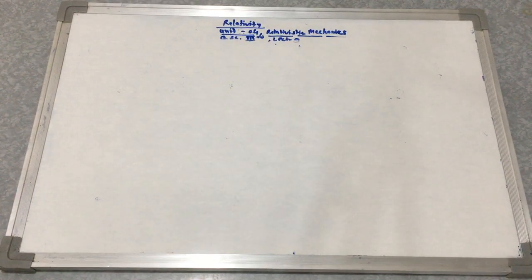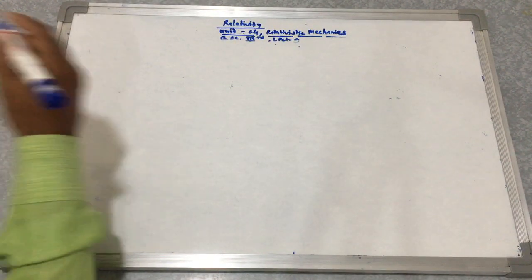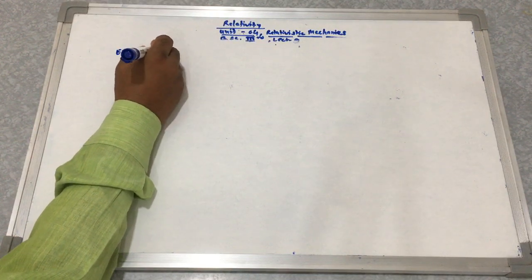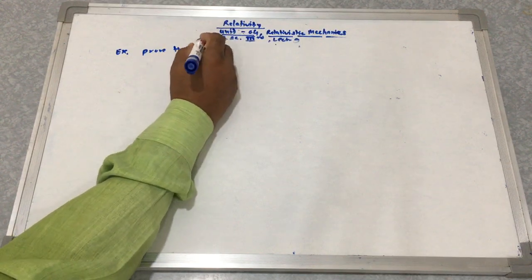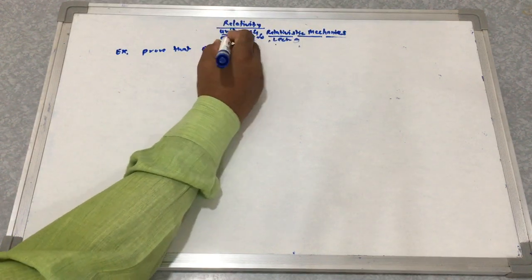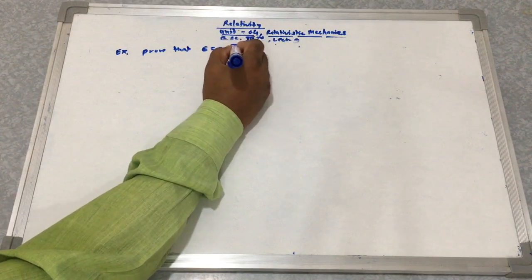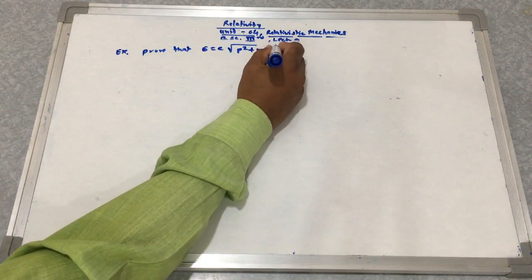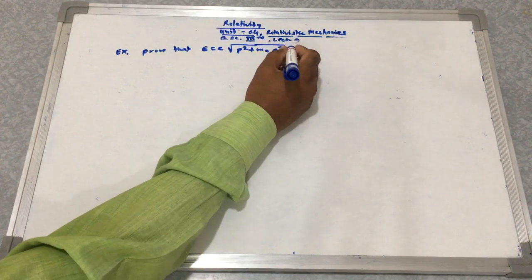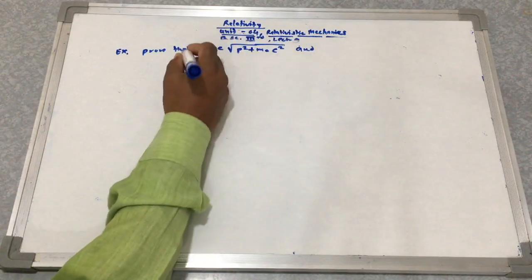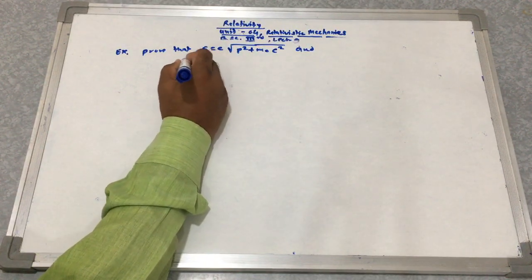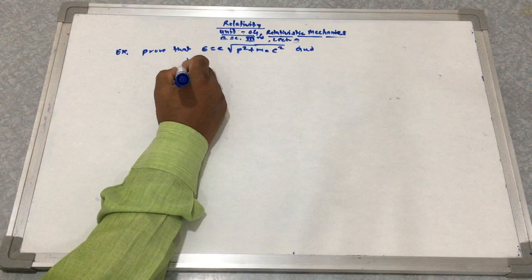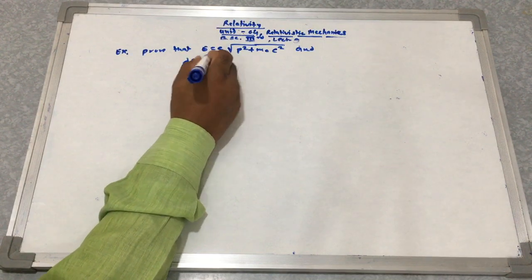Then we have to again prove, for example, that E is equal to c root of (P square plus m0 square c square), and dE upon dP is equal to u.